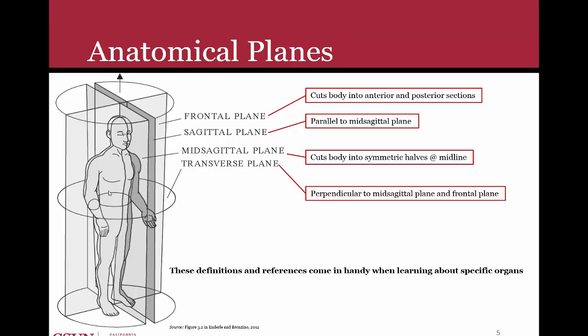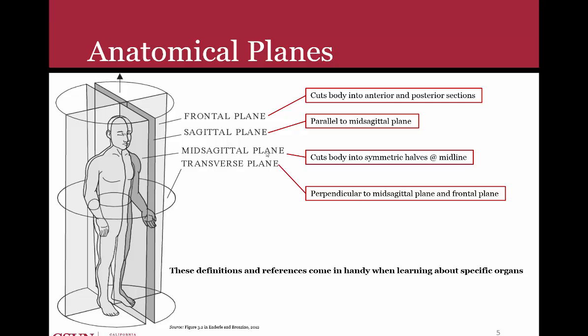The frontal plane is an imaginary plane that cuts the body into anterior and posterior sections. So imagine there's a plane that goes down the middle of your body, separates you and cuts you open in that sense. So that's the frontal plane.